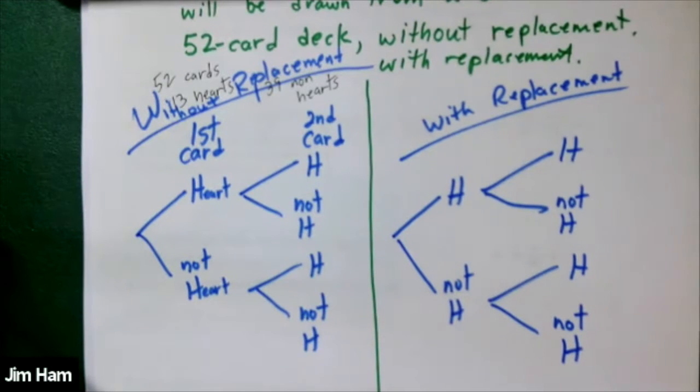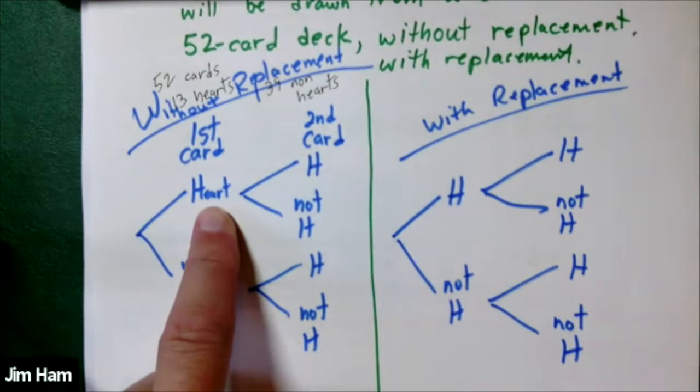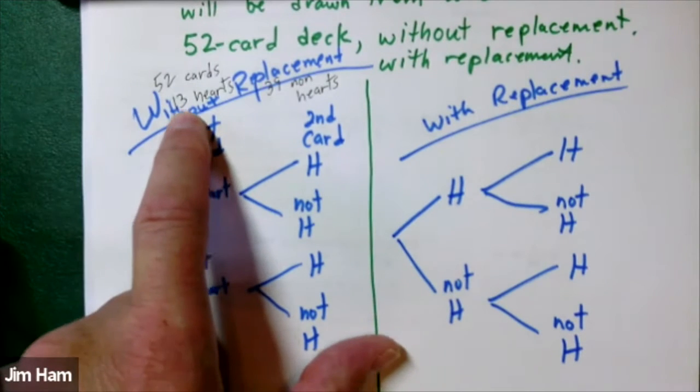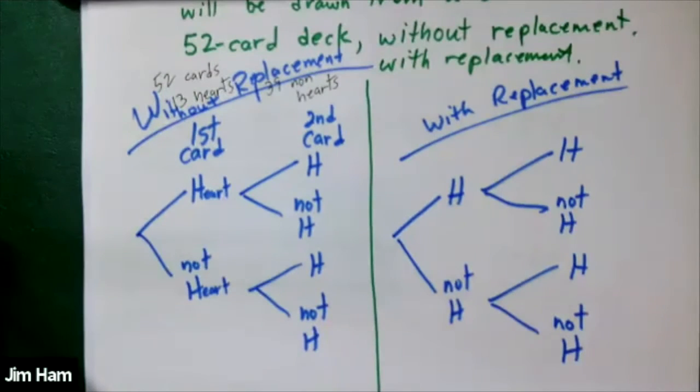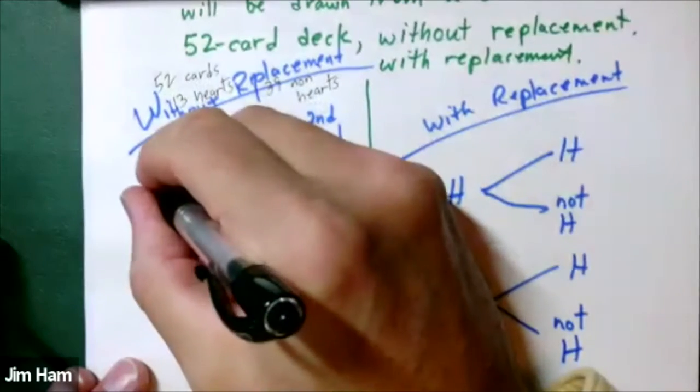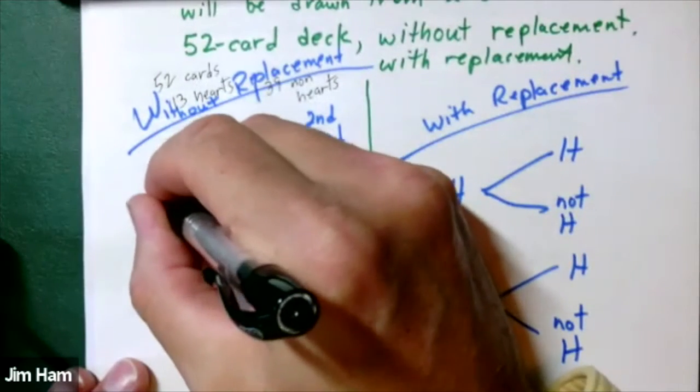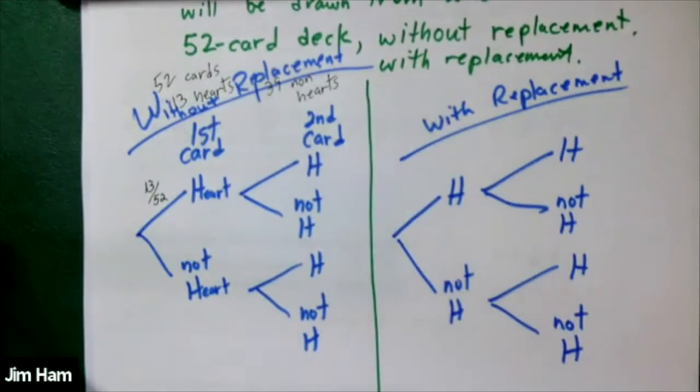All right, so the first draw, think about just taking that first card from the deck. What's the probability of getting a heart? Well, there are 13 hearts and 52 cards when we make that first draw. So we would say the probability of getting a heart is 13 out of 52. Now, I know that you can reduce that fraction. You can if you want, but I'm not going to reduce it yet.